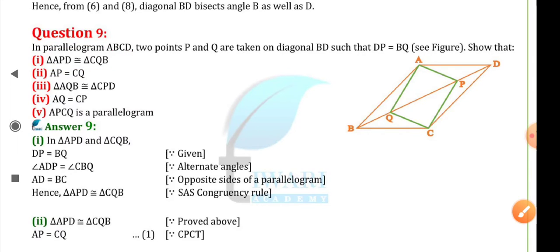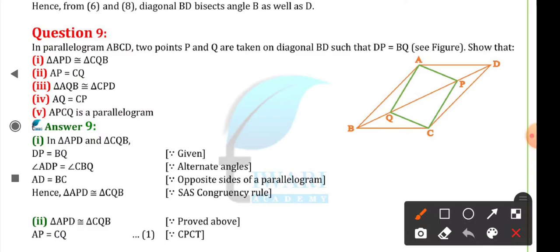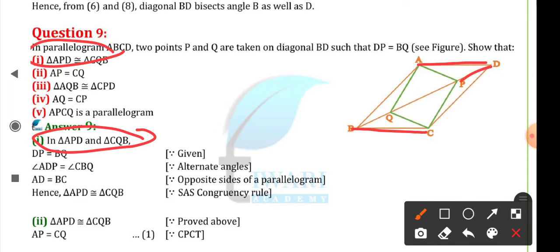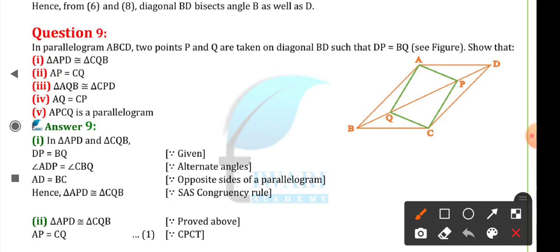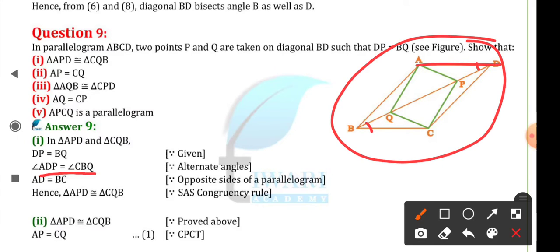If you see these two triangles carefully, you will see that AD equals BC. In these two triangles, DP equals BQ. Why? Because it is given in the question. And for the second part, angle ADP means this alternate interior angle, because you know that it's a parallelogram, so this line is parallel to this.